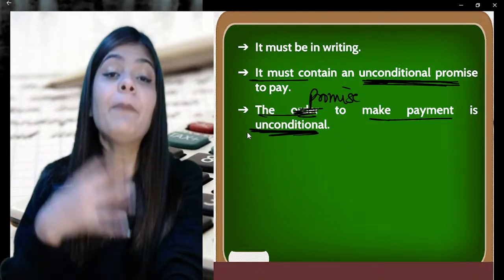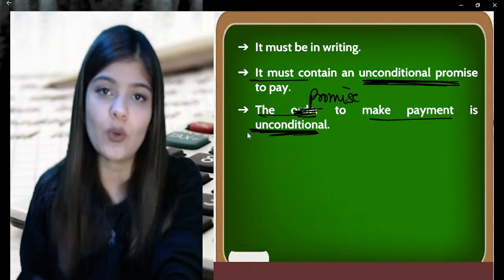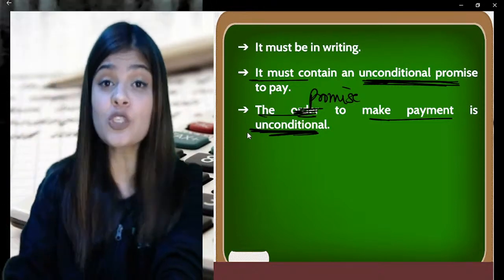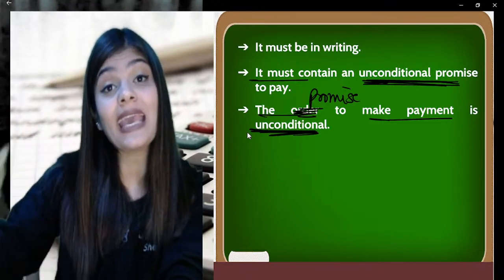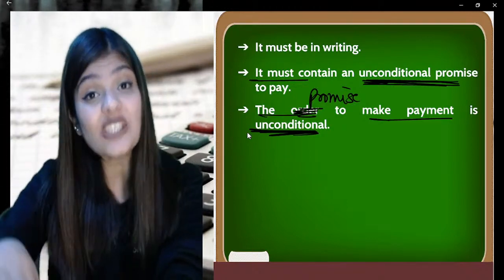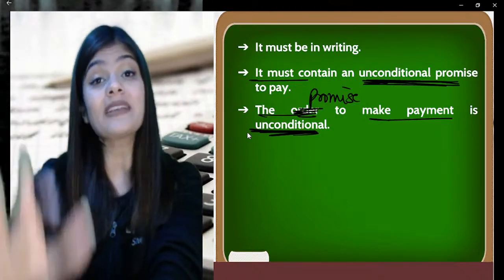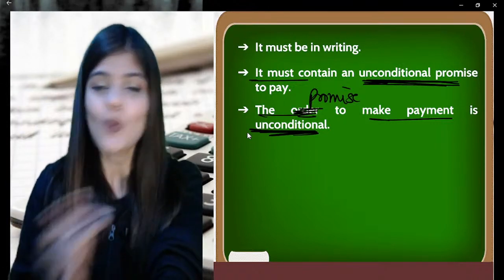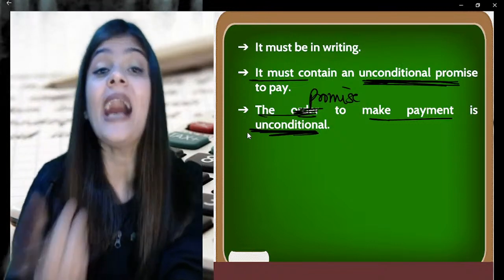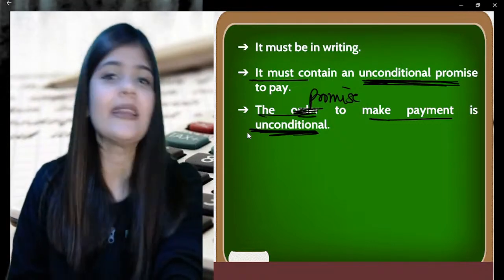Whatever you promise must be unconditional, there should be no condition. For example, I promise to pay 10,000 rupees if it will rain. This is absolutely wrong. You are putting a condition. If it rains I will pay, otherwise not. That will not work. You will be promising and that will be unconditional. There will be no conditions.